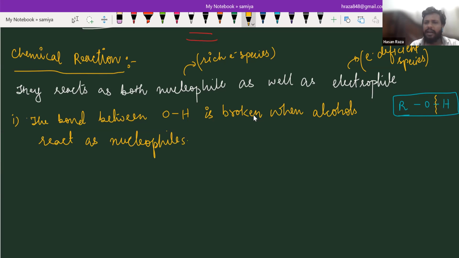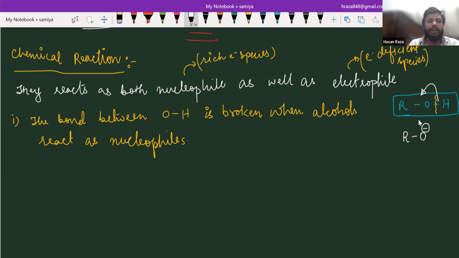Everyone knows that hydrogen is much less electronegative than oxygen. So oxygen will take the electron from hydrogen, and you can see it will become RO minus.